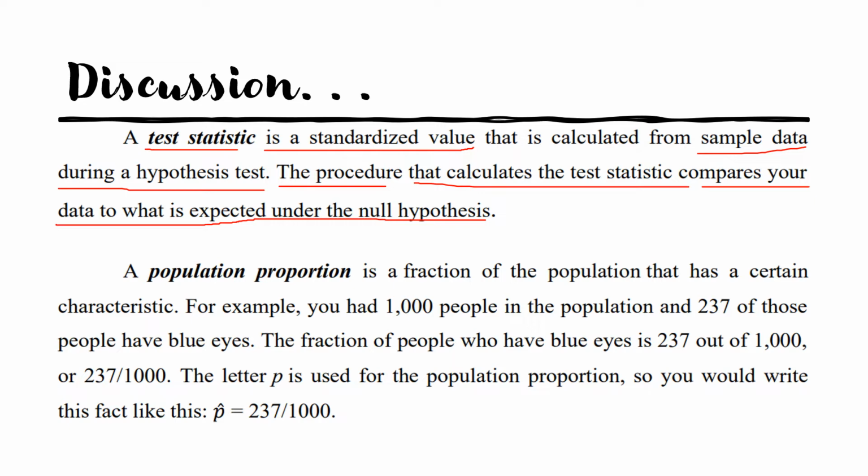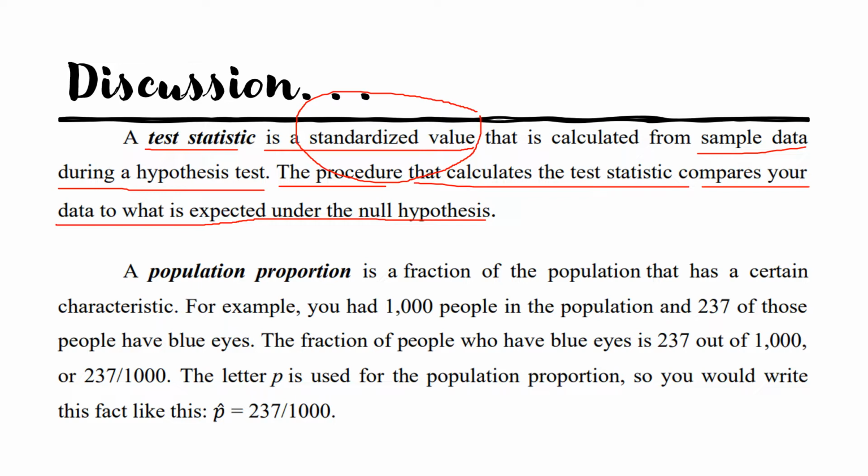Now, the question is, what is a standardized value? When we say standardized value or values, these are the same thing as your z-scores. A standardized value is what you get when you take a data point and scale it by population data.